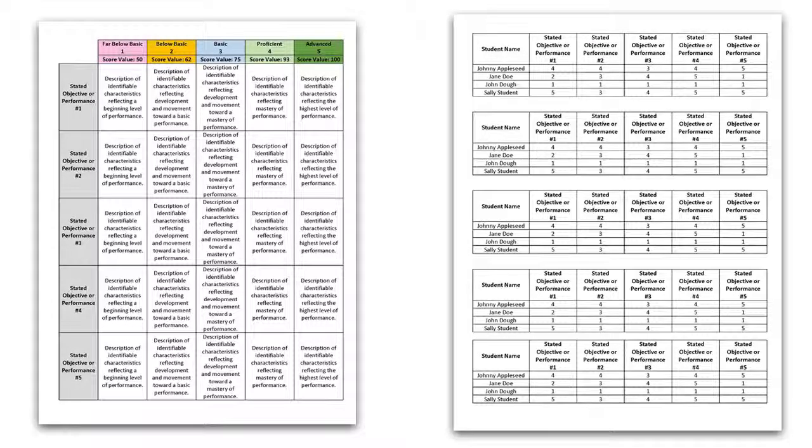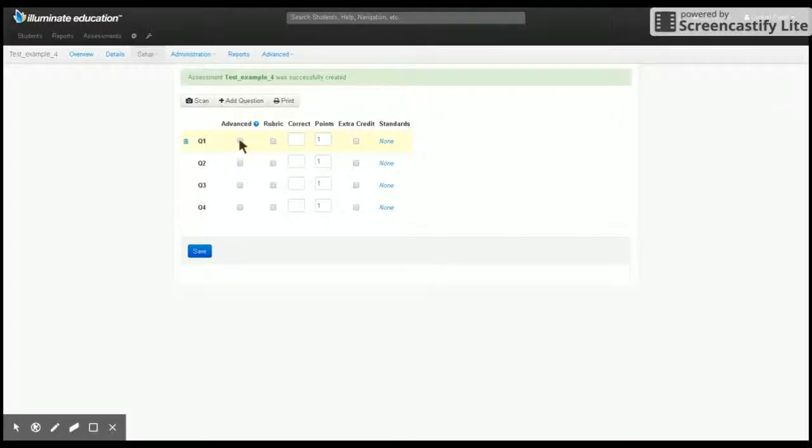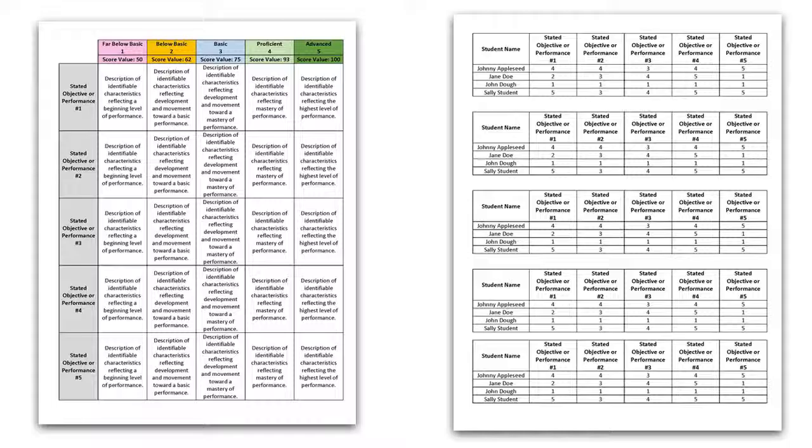This is an example of standards-based performance rubric and how the student will be graded based on the stated objective or performance. I'm going to select both Advanced and Rubric. Once again, this is an example of the standards-based performance rubric we are using as the example.